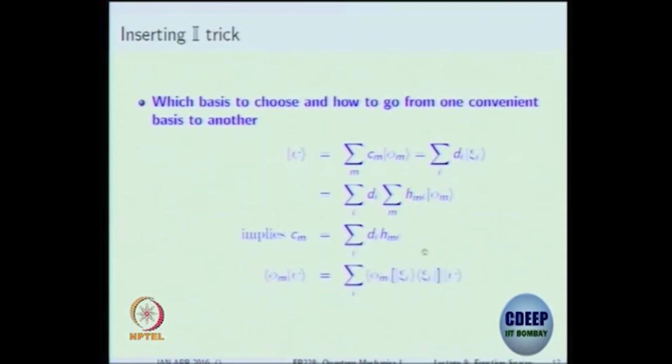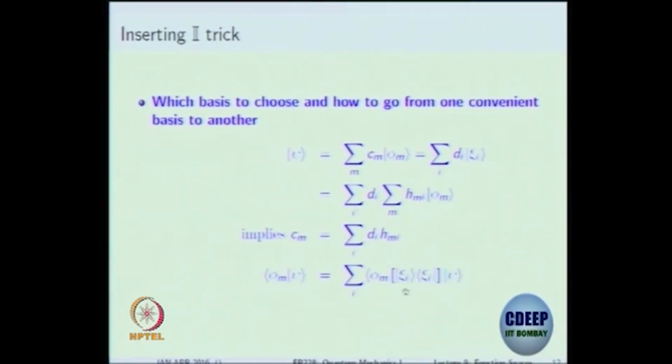So what is this playing around? I just wanted you to appreciate that if you take an inner product of an arbitrary state, so this is the probability amplitude Cm in the basis phi, this can be rewritten, you can keep the outer state phi m here, so you can write dl as phi m with, this HML is phi m with xi l, right?